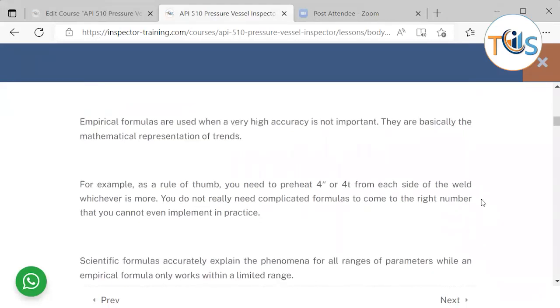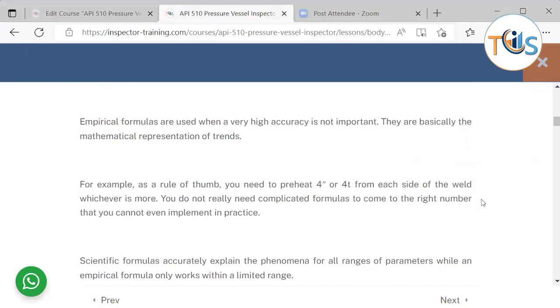So for example, a recommended practice will always say if you want to preheat, do 4 inch or 4T, T being the thickness of the component from each side of the weld, whichever is more. It's not going into a very scientific calculation telling you why that is the case. It just tells you that's it, and you take it at face value.